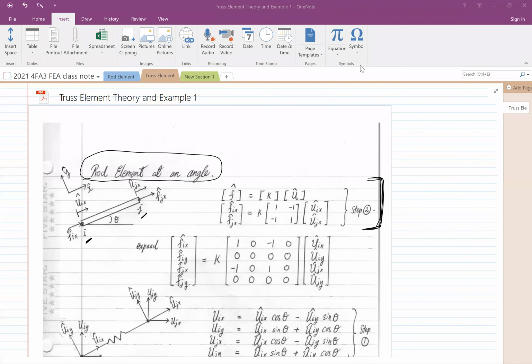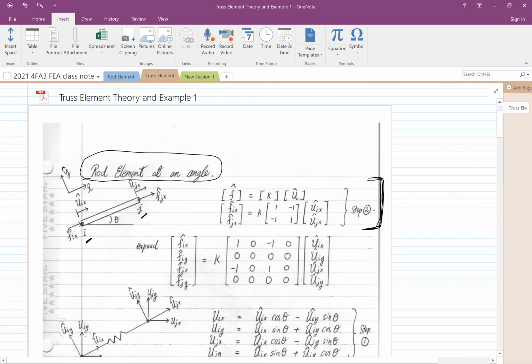Okay, a rod element is a truss element, basically a rod element at an angle, tilted by a theta. What's going on here? We have nodes I and J, and there's a force exerting on nodes I and J, at an angle, but that angle is along the truss, along the rod element.